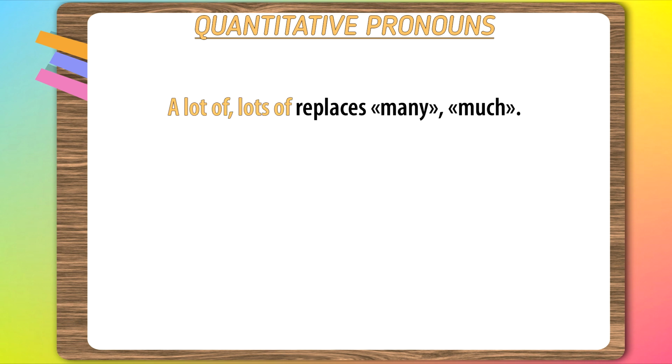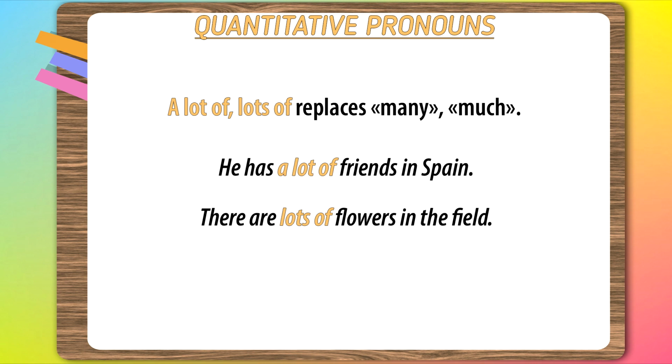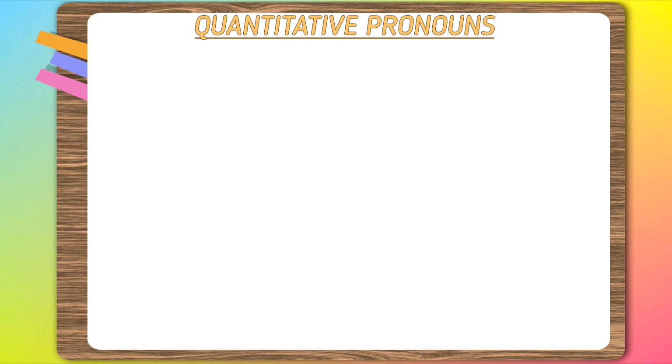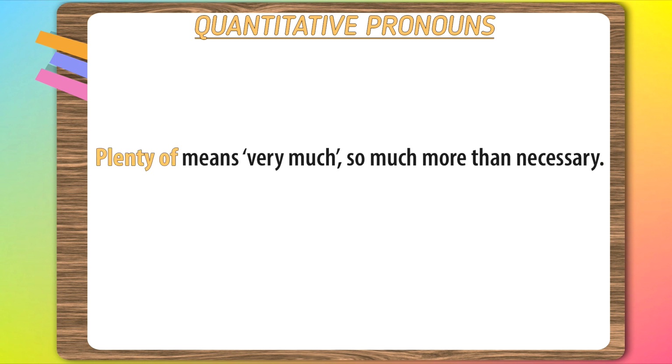A lot of or lots of replaces many and much. For example, he has a lot of friends in Spain. There are lots of flowers in the field. I drank a lot of coffee yesterday. It is believed that lots of is more used in informal speech. Plenty of means very much, so much more than necessary. There is plenty of time.